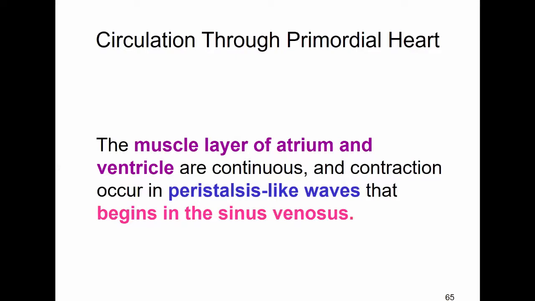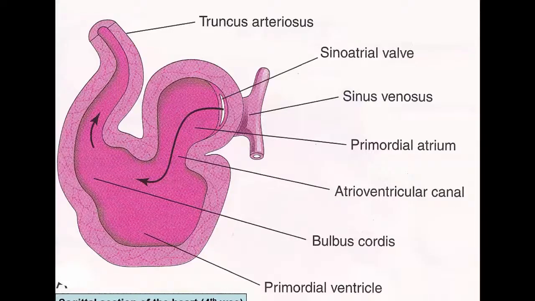And there is a peristaltic wave, like your gut tube, that begins in the sinus venosus. So this wave starts from here. This is the central part of the sinus venosus, one horn and another horn. So this peristaltic wave starts from the sinus venosus. This is our sinoatrial orifice, and this is the sinoatrial valve.